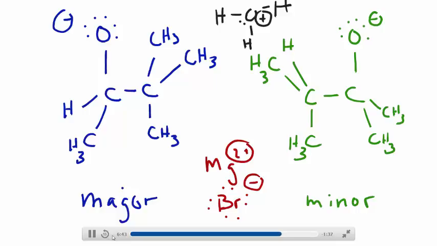For the major product, you're going to use the oxygen to pick off the proton and give electrons back. For the minor product, you're also going to pick up the proton and give electrons back. So you're going to get two products at the end of the day.